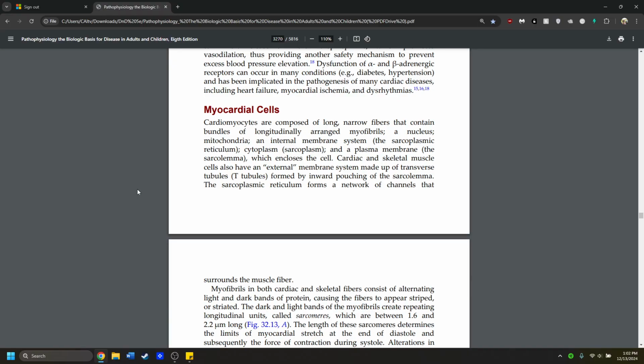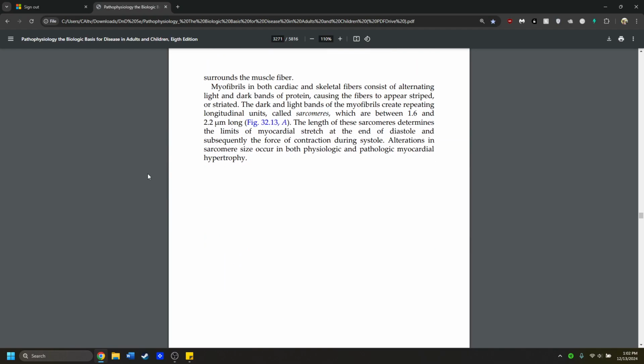Cardiac and skeletal muscle cells also have an external membrane system made up of transverse tubules, or T-tubules, formed by inward pouching of the sarcolemma.